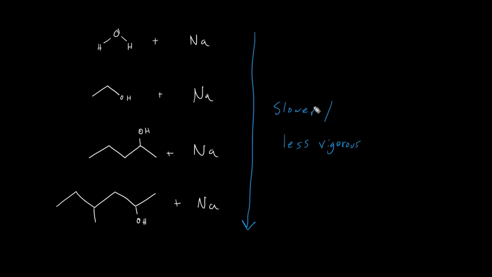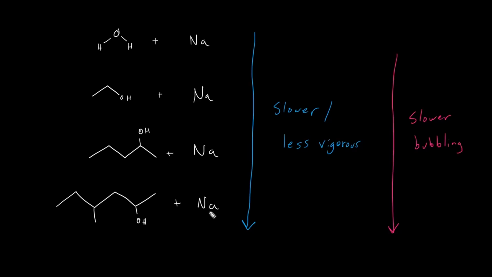Although I would stick with the word slower here, because as we move down, the bigger these carbon chains become, the more they inhibit the reaction of this alcohol. So as we get slower reactions, what we see as far as observations, which is an important distinction, is that we get slower bubbling.